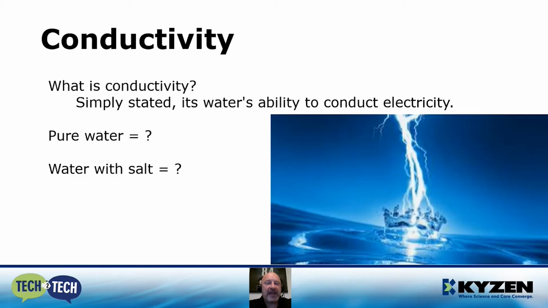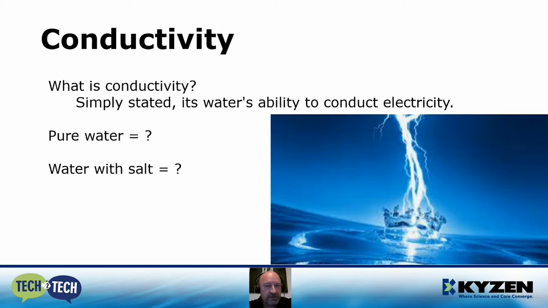Before I start with the actual equipment, what I would like to discuss is conductivity. What is conductivity? Well, simply stated, it's water's ability to conduct electricity. So if we put electricity into water, can we measure it simply with an anode and a cathode?